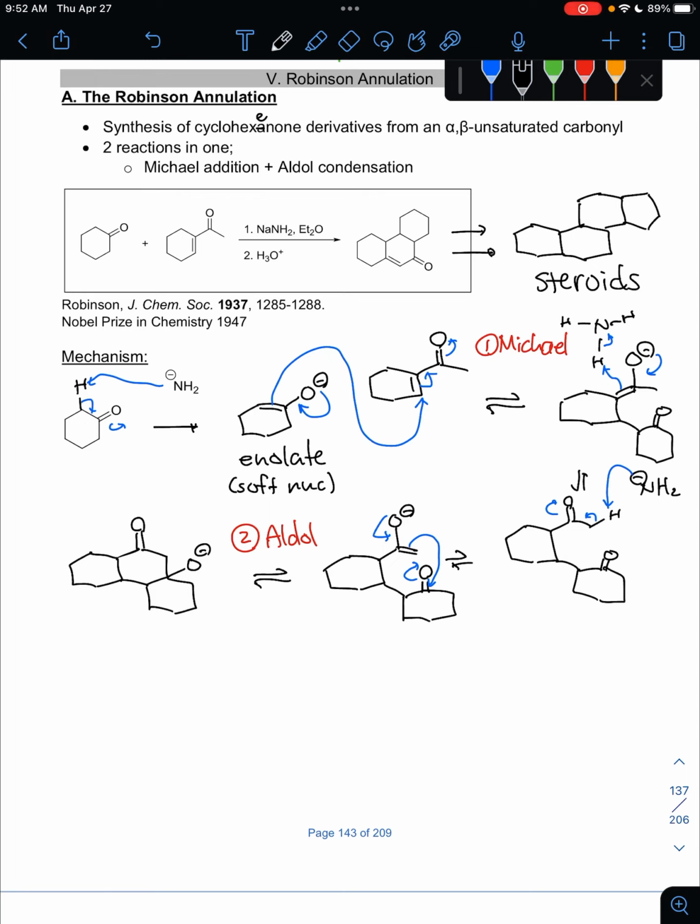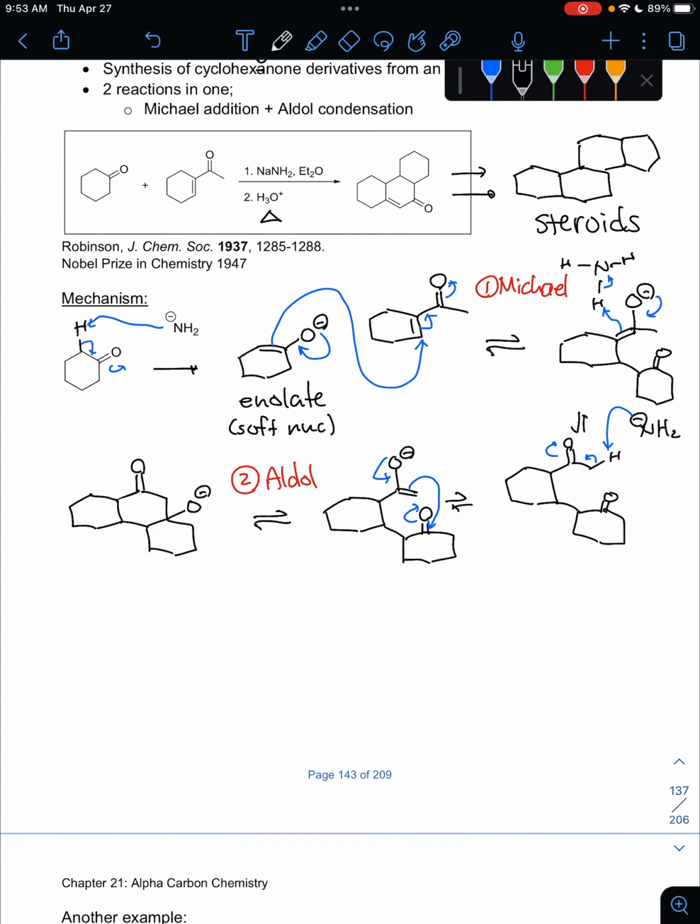Okay, and that's really the product of that first step. Now, after you treat this with acid, especially if you heat this, maybe I'm just going to skip a couple steps here. So you just have excess acid, let's assume.